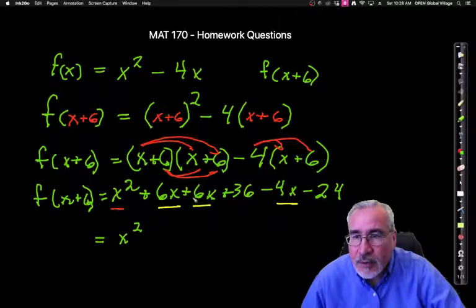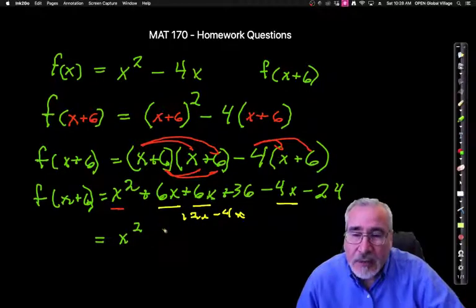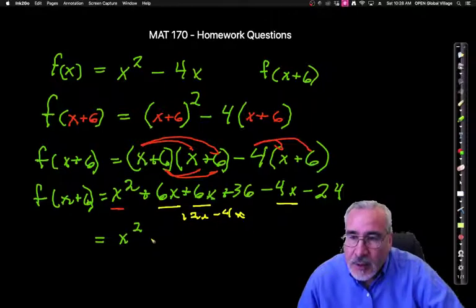So we've got a +6, a +6, and a -4. So 6 plus 6 is 12x, and -4x gives us a result of positive 8x.